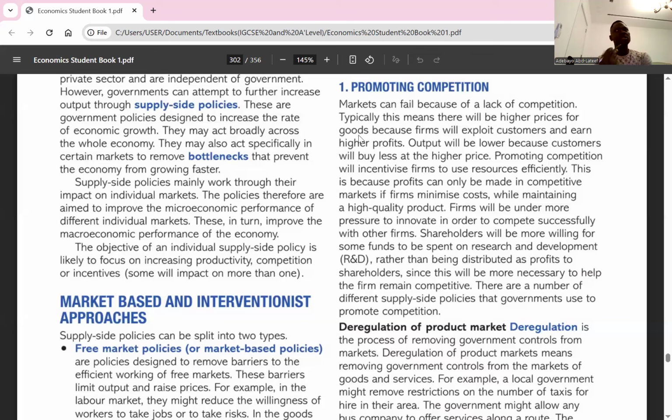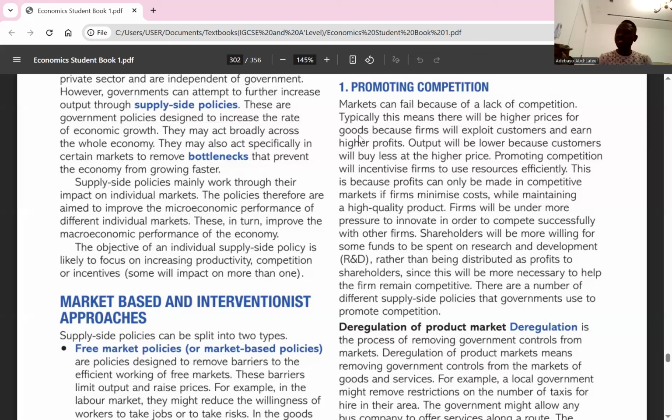So when deregulation comes in, it simply means government reduces, softens or removes rules and regulations that hinder the efficiency of the free market. In the course of removing that, the cost of production would reduce. That might allow firms to increase their output because the supply curve is going to shift rightward, and that would encourage them to sell at a reduced price.